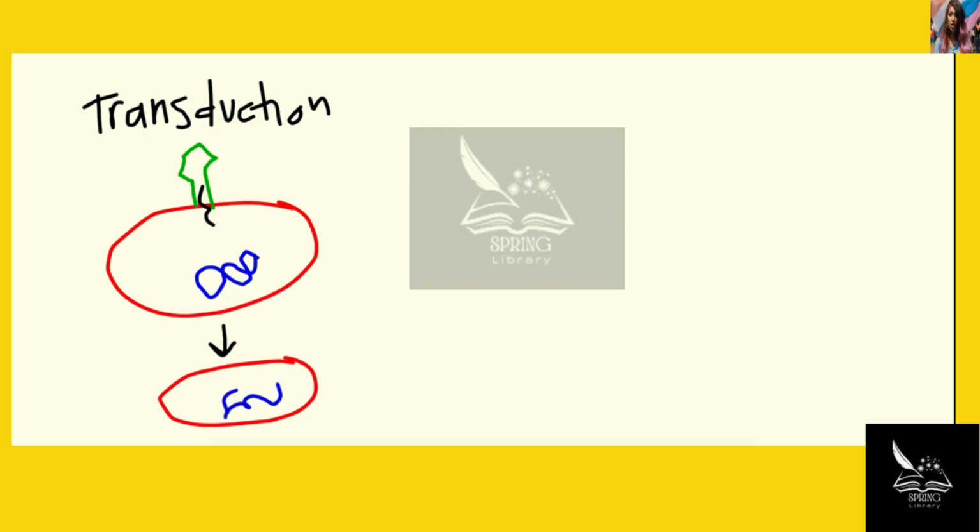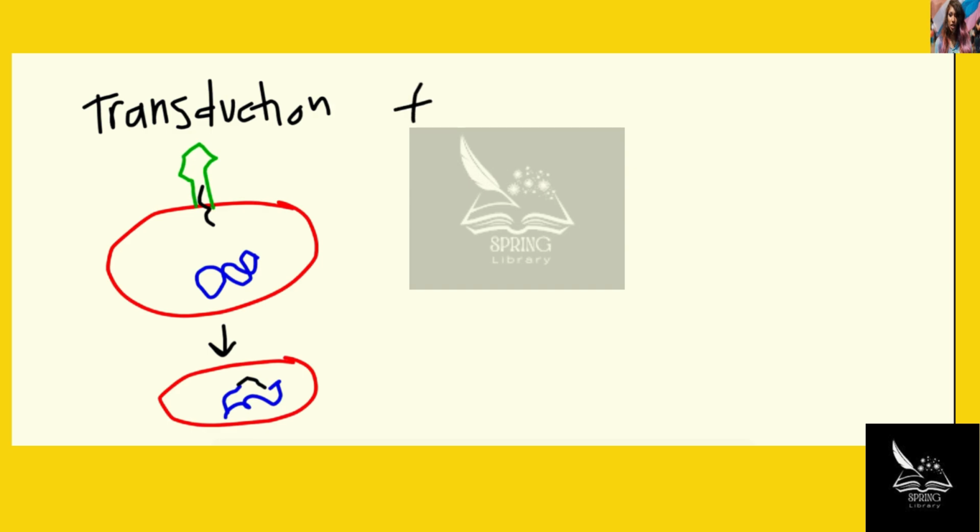Then we see that the DNA gets incorporated into it, right? So that's what's happening with transduction: the bacteriophage transfers the DNA, and the bacteria then takes it up into its own DNA.